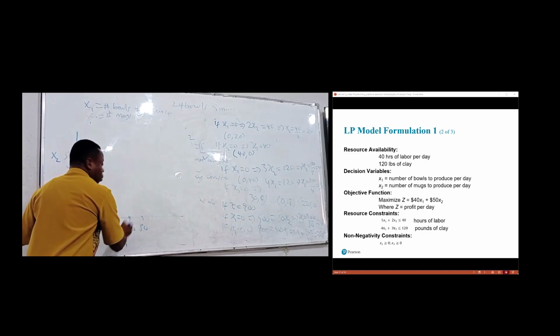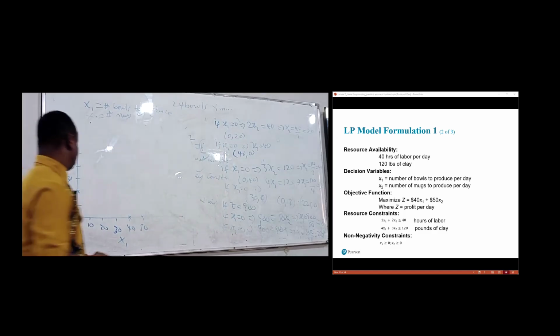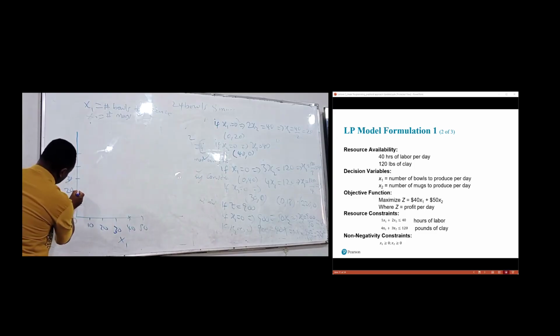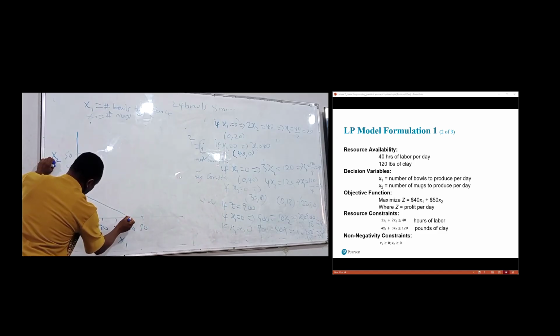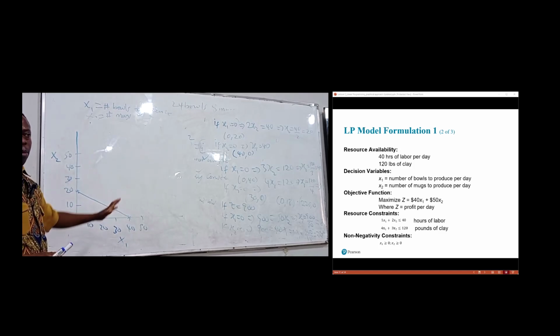So that's this. I connect these two points that I marked with asterisks. It will be a straight line. So we label the labor constraint.